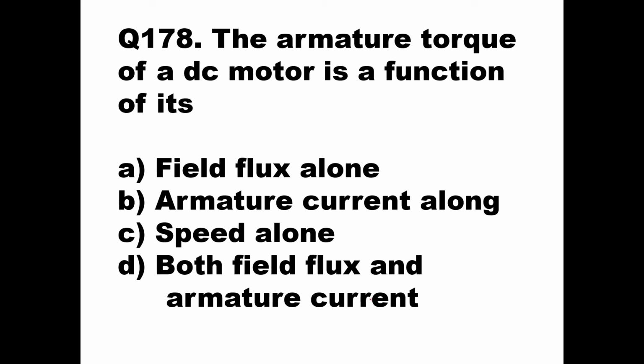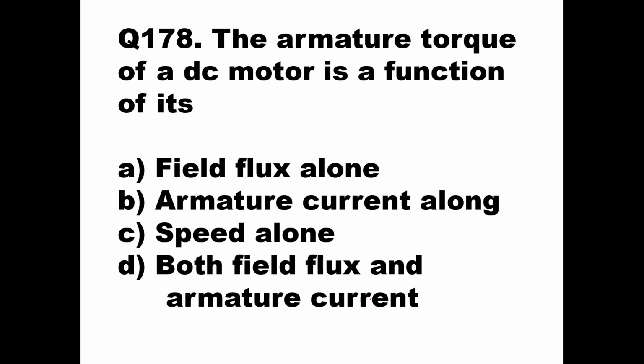So the armature torque means the bending moment. The armature torque of a DC motor will depend on the field flux and also on the armature current, because field flux is the flux which will make the rotating part experience a force.